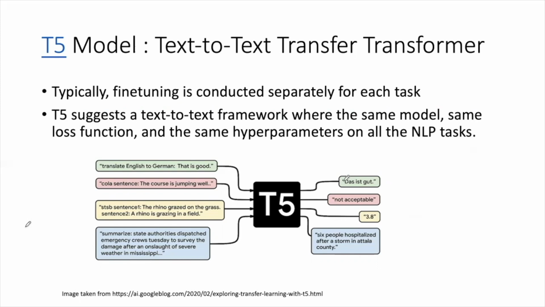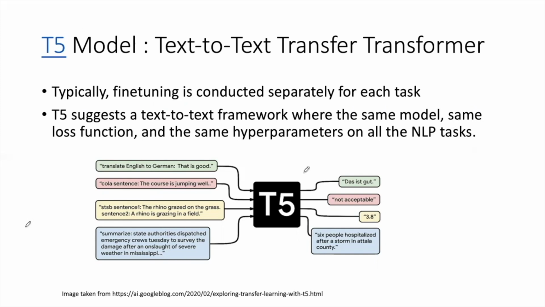So in the T5 model, what they suggested is, instead of fine-tuning on one task at a time, you do the learning for all the tasks at a time. To achieve this, they propose a formulation where we have the same loss function and same hyperparameters on all tasks.